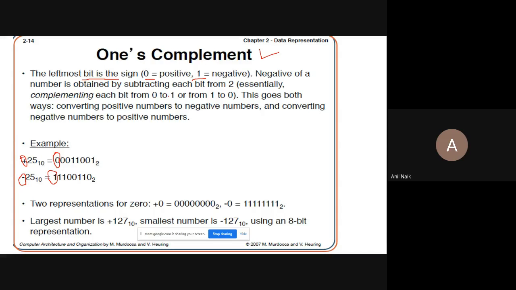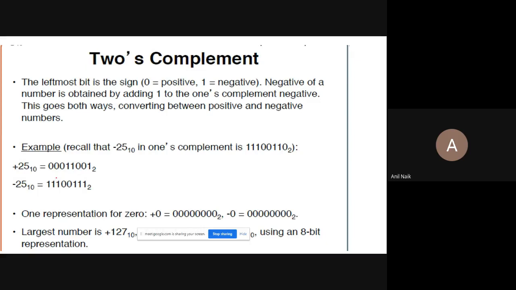A negative number is obtained by subtracting each bit from 2. You already know the one's complement and two's complement. This is a positive number and this is a negative number, so this is 0 and its one's complement.